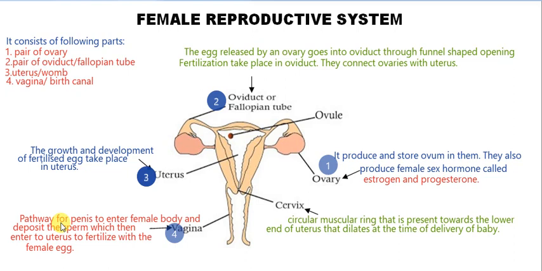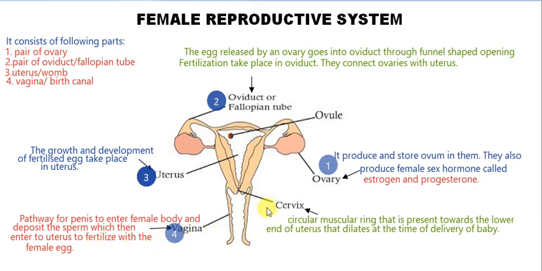It is the pathway for the penis, the male reproductive part, to enter the female body and deposit the sperm, which is produced in the testis. The sperm then enters the uterus to fertilize the female egg. So this is about the vagina.